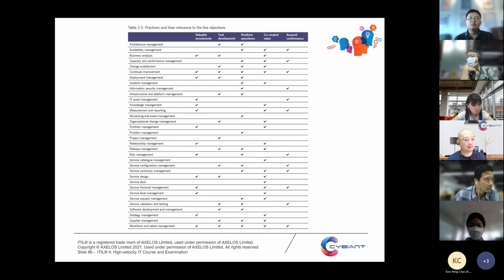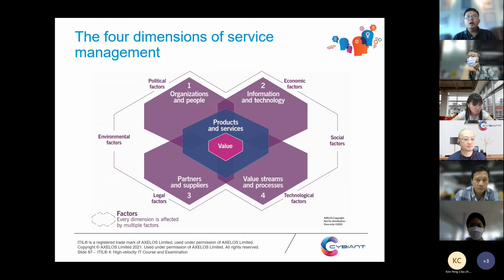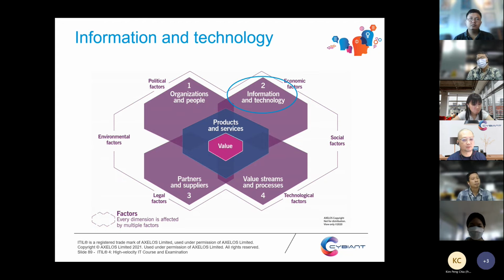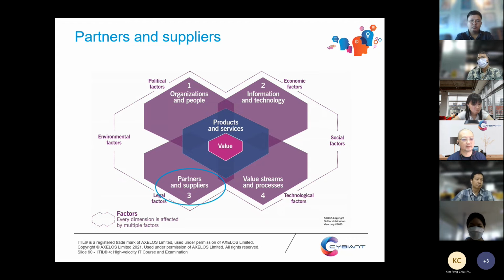Then again, we come back to this. Focus on organization, people, information technology, partners, and suppliers. Does anybody remember what's the difference between a partner and a supplier?